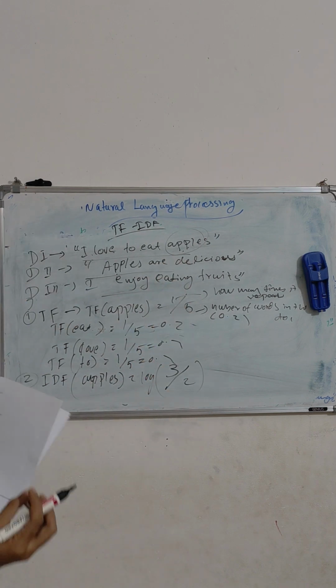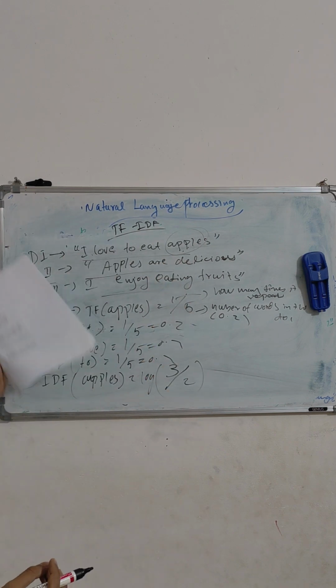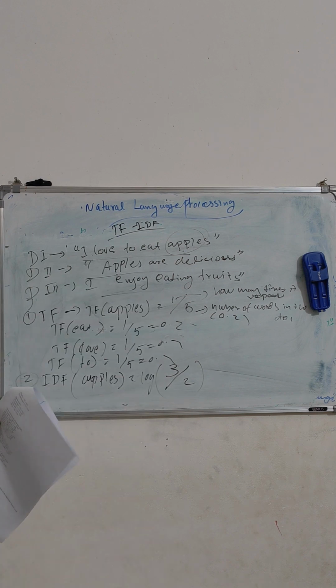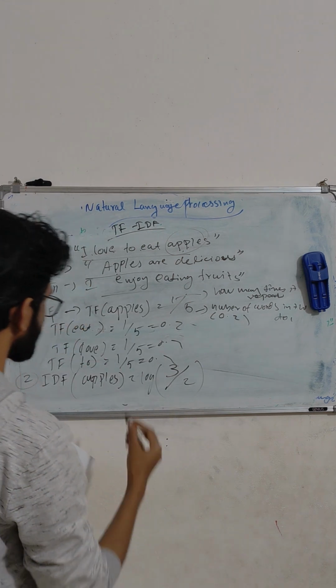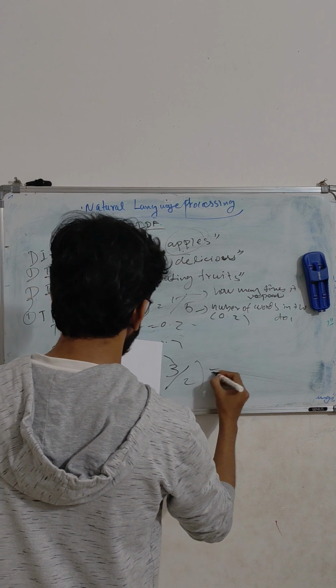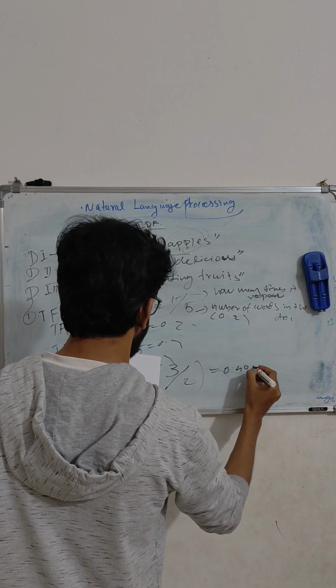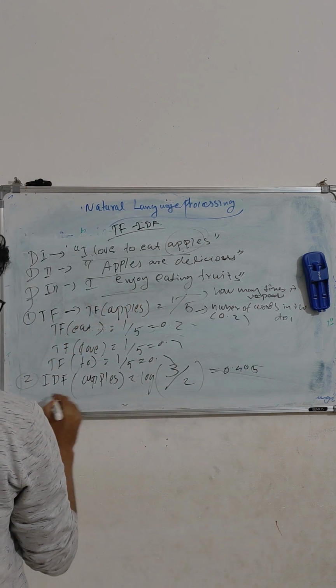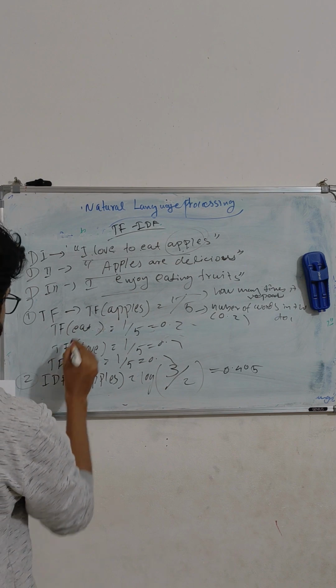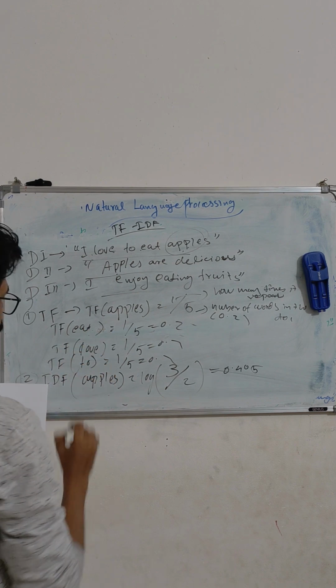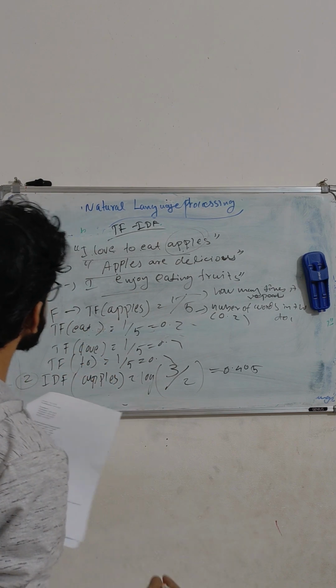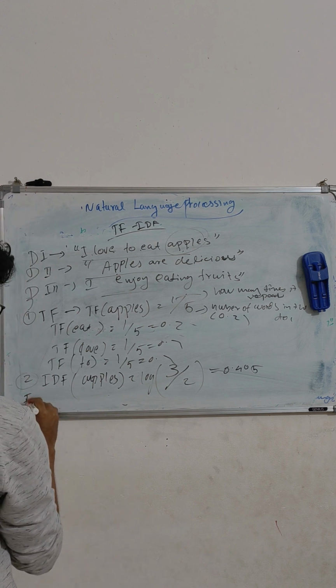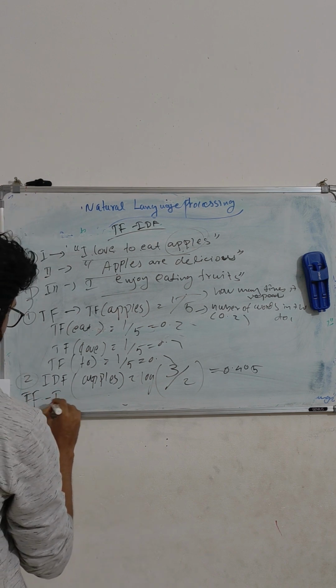So the word appears in 2 of the whole set of documents. We have to compare with other documents, right? So log 3 by 2, which is 0.405. Similarly, you have to calculate each of these. Next step is calculating the TF-IDF.